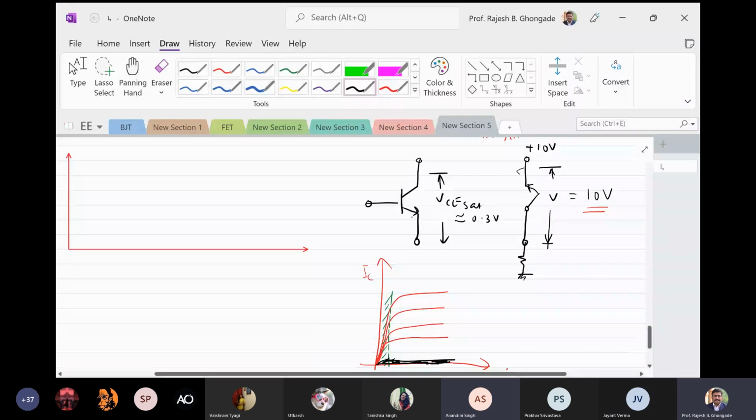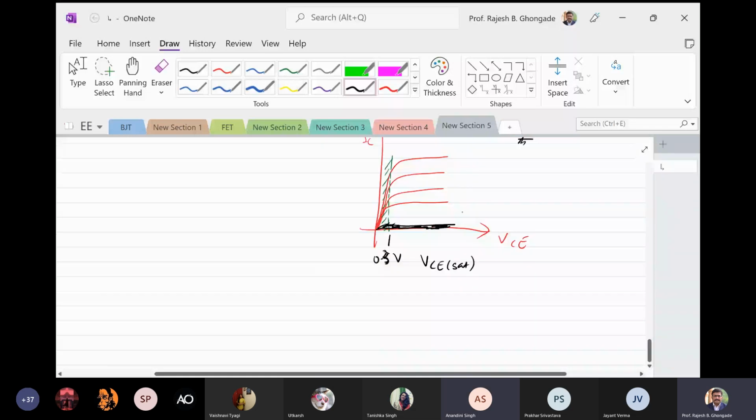So the transistor will act as a closed switch. Now, if I place the transistor somewhere in the cutoff, यहाँ पे, तो क्या होगा? It is as if the transistor is off, open.